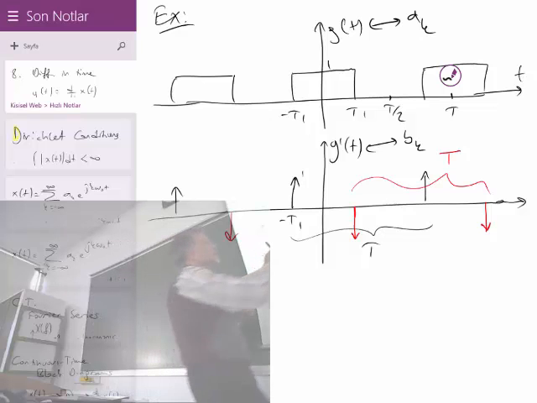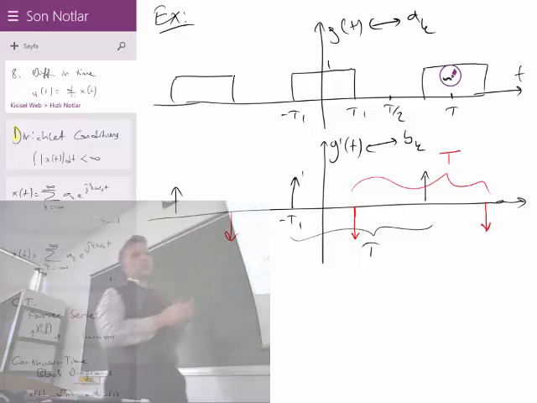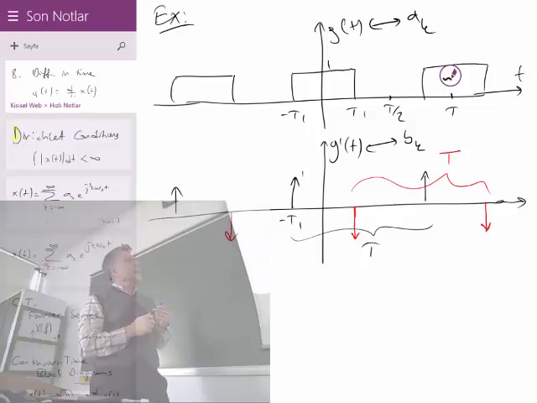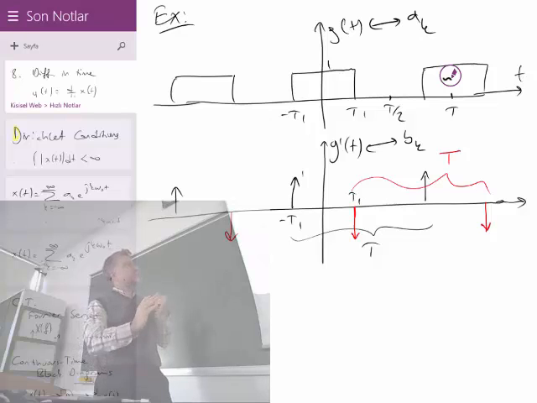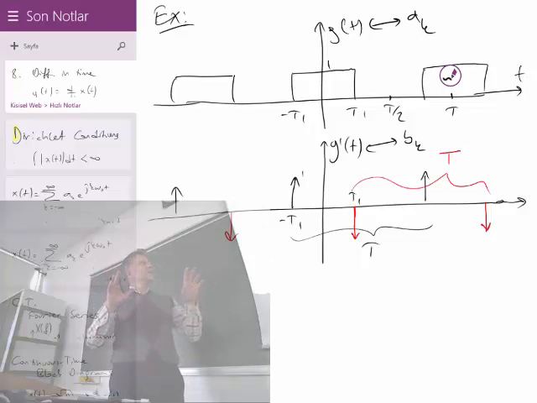For the other one, it will be a positive shift, so it will be e to the plus jk omega 0 t1, because this shift is t1. So one exponential term is positive, one is negative. One of them is positively signed, the other one is negatively signed. It will generate a sign.